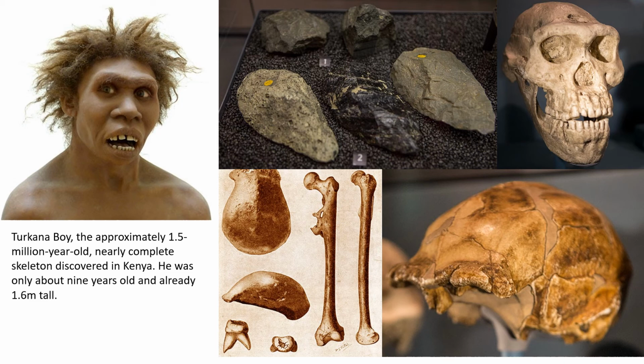They think he was about 9 years old and already 1.6 meters tall, which would have been taller than Lucy. But here we can see some of the skull and the different bones, and also some of the tools that they would have used. And as you can see from Turkana boy, this does look different from humans, but we're much more human-like in this figure.